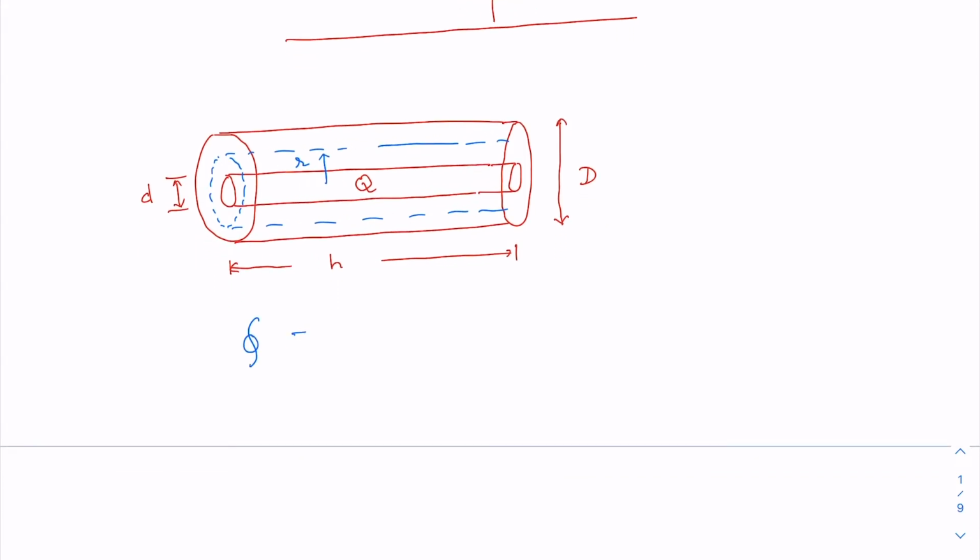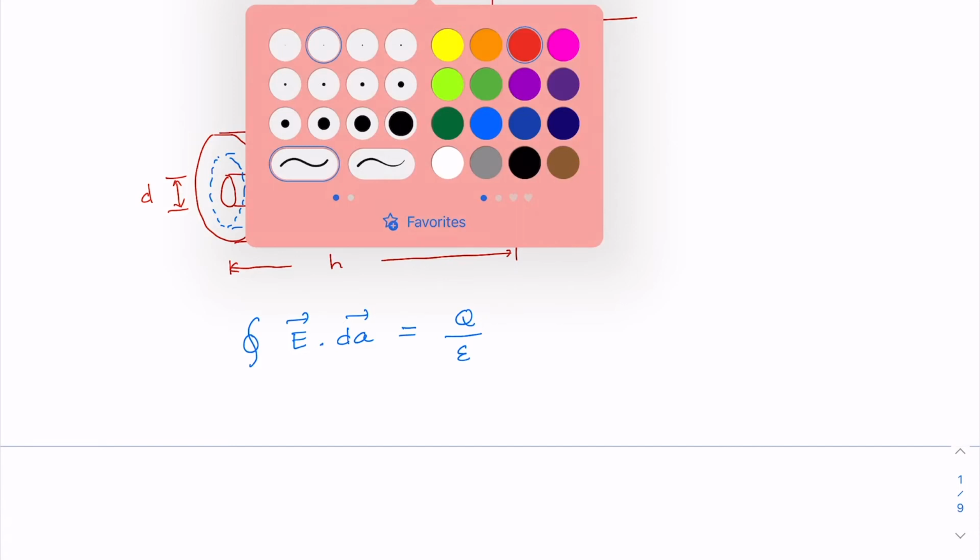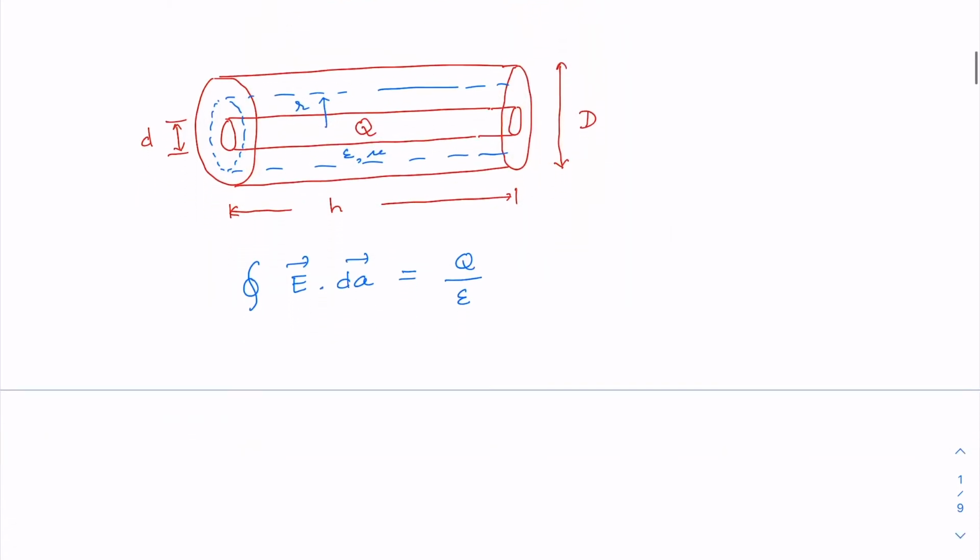As per Gauss law, we have the integral of E dot dA, where dA is the area element, equal to Q divided by epsilon. Epsilon is the permittivity, and mu is the permeability of the medium that this coaxial cable contains.